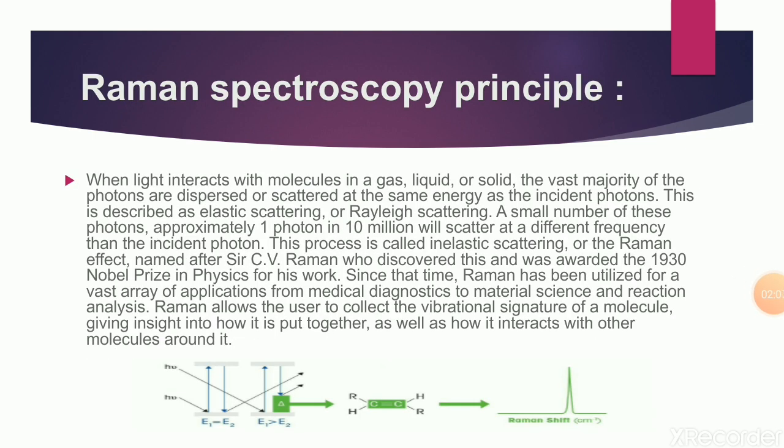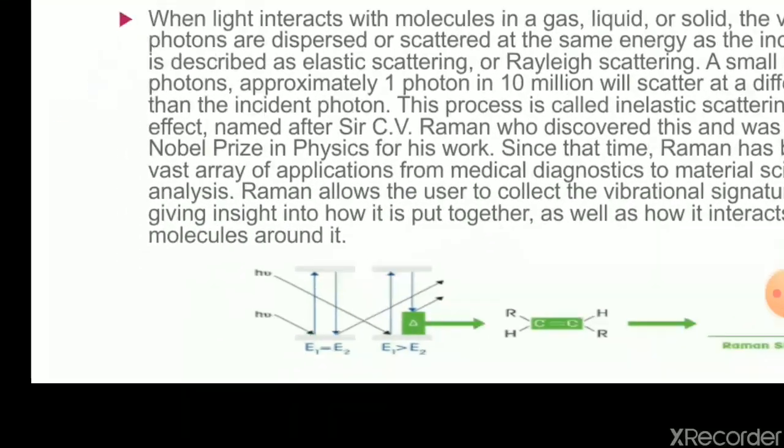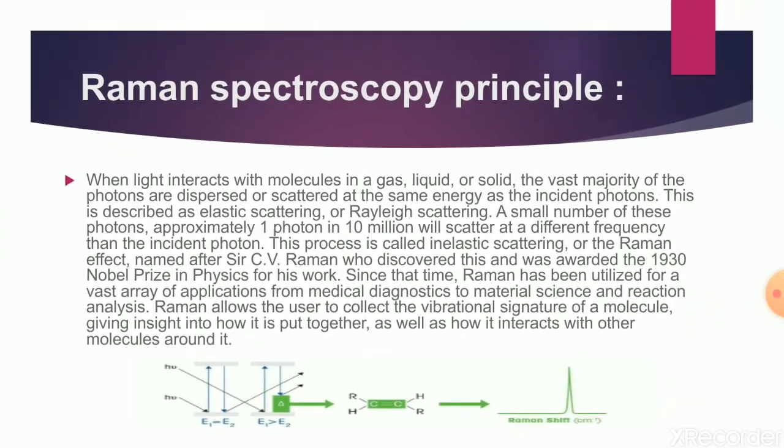The principle: when a monochromatic radiation is incident upon a sample, this light will interact with the sample in some fashion. It may be reflected, absorbed, or scattered in some manner. It is the scattering of the radiation that occurs which gives information about molecular structure.